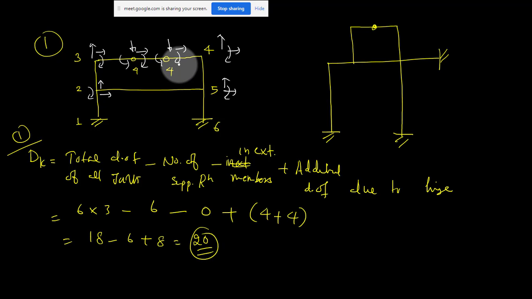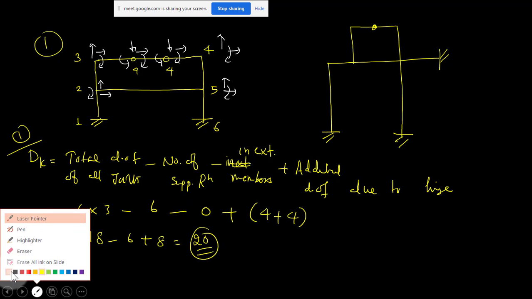So this is your total degree of freedom. How many can you count? 1, 2, 3, 3 plus 3, 6, plus 4, 10, 14, 17, 20. So the answer is 20. So without using any equation, you can directly count it now. You can just calculate it directly.